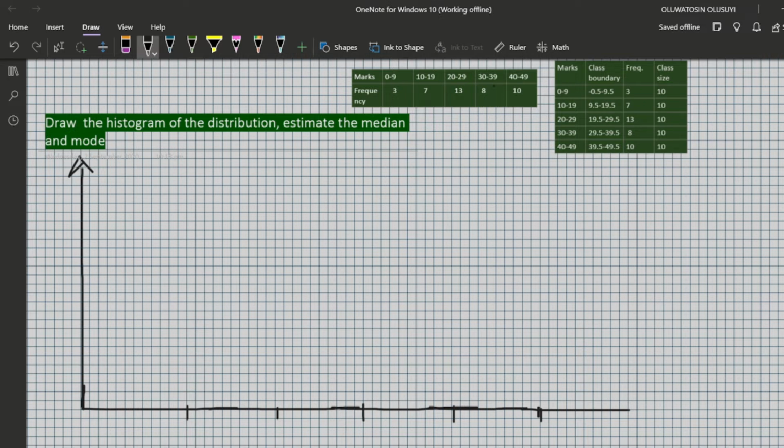So probably we should just have 2 to 14. We pick this as 2. Okay, let's pick this as 1. This is 1. This is 2.